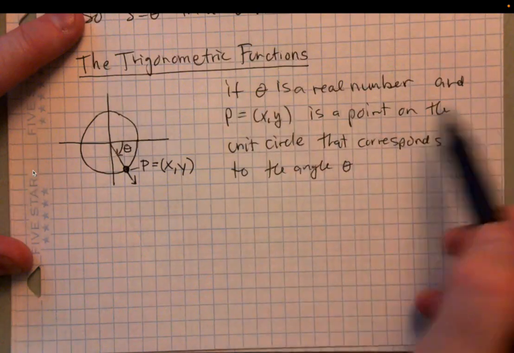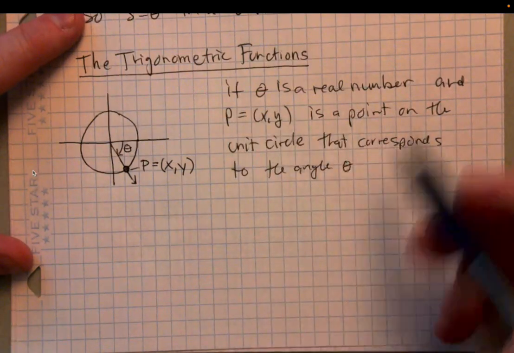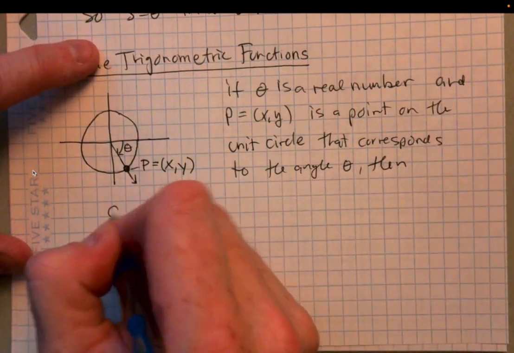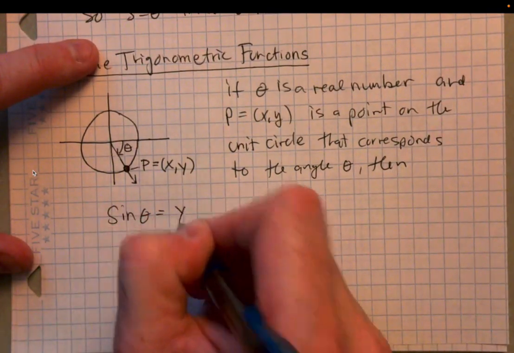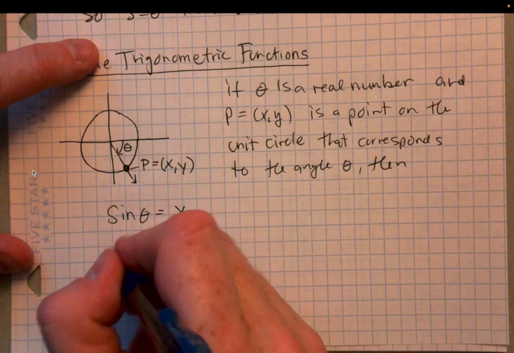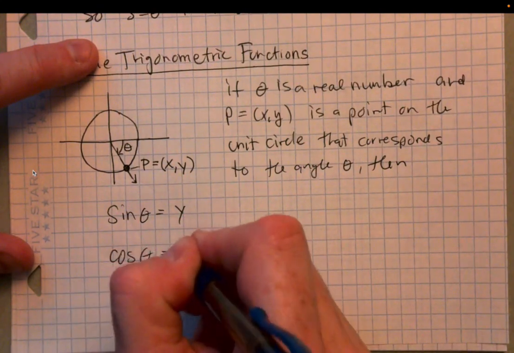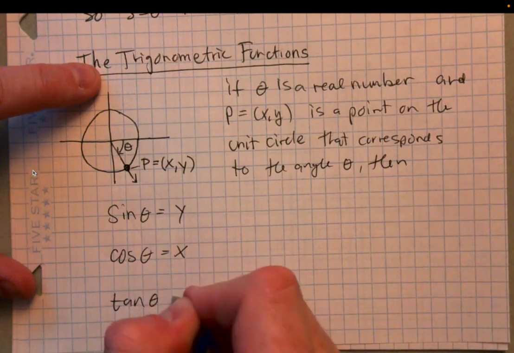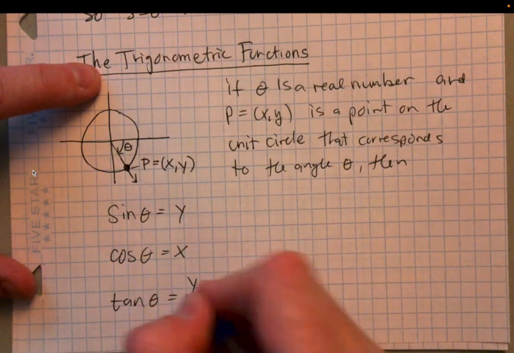So if theta is a real number and P equals XY is a point on the unit circle that corresponds to the angle theta, then sine of theta is equal to y, cosine of theta is equal to x, and tangent of theta is equal to y over x.